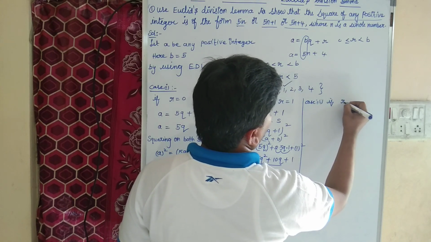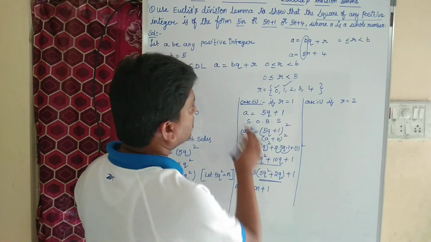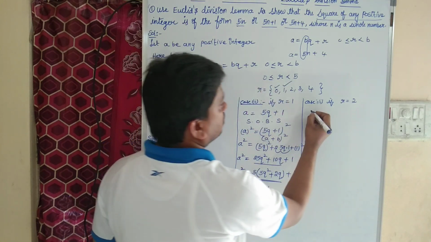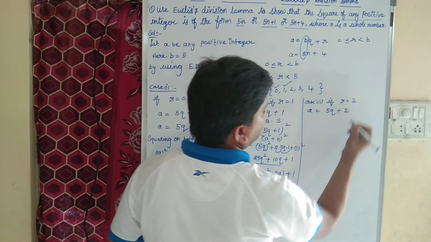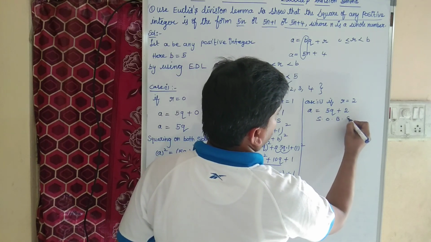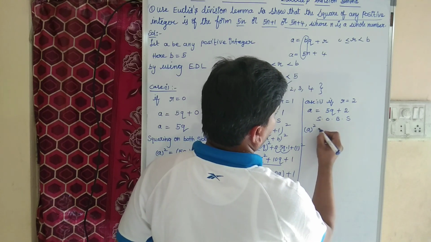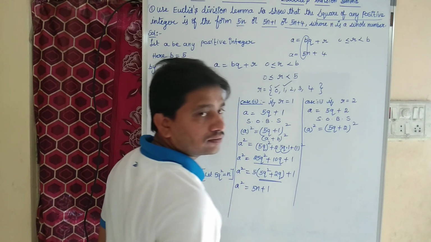Okay children, now coming to case 3. If r equal to 2 children, right? So what is Euclidean lemma? A equal to bq plus r. A equal to b in the sense 5, q plus r in the sense 2. Again squaring on both sides. So a square equal to 5q plus 2 whole square, right?